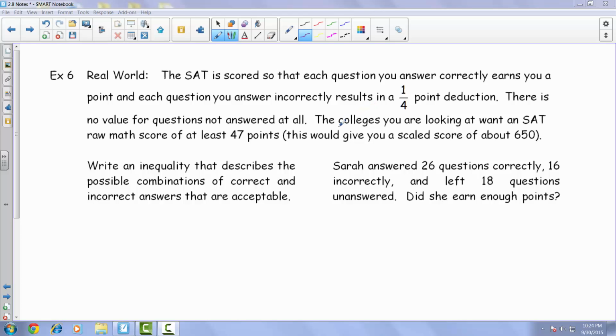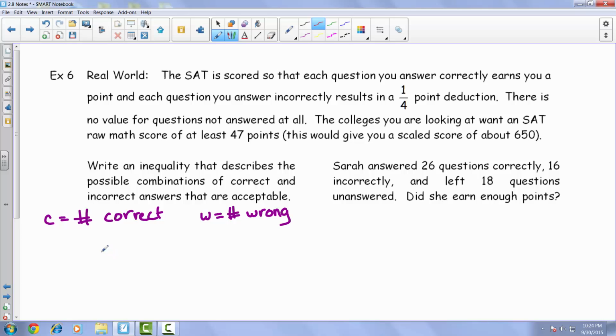Now, our goal here is to figure out what inequality describes some of the possible combinations of correct and incorrect answers that are available. Well, let's go ahead and let C be the number of correct answers. Then we're also going to let W be the number of wrong answers.